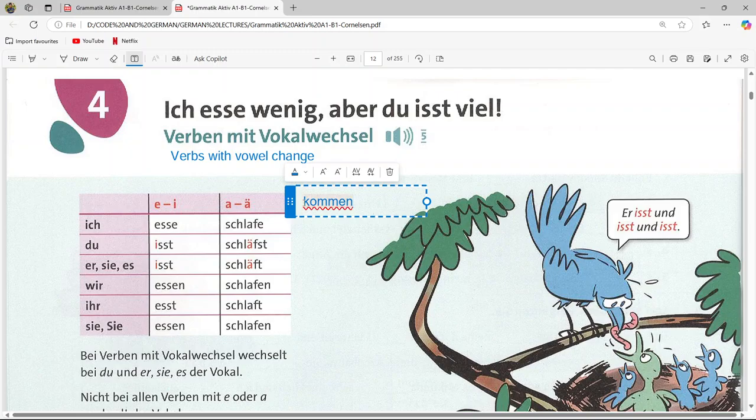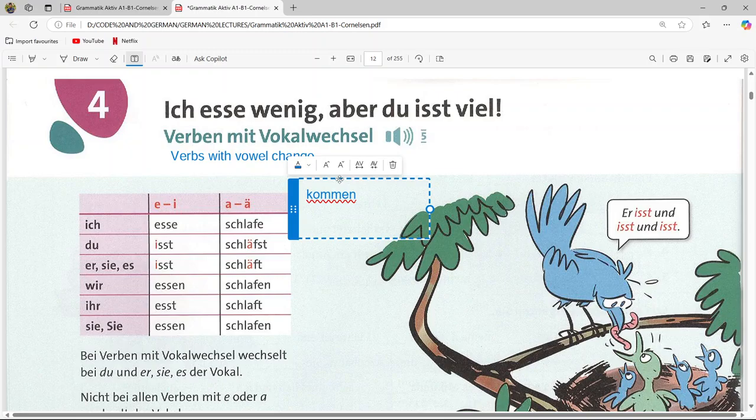and from it we learned this kind of conjugation. For ich, I will match with this row. For ich it is ich komme. For du it was du kommst.